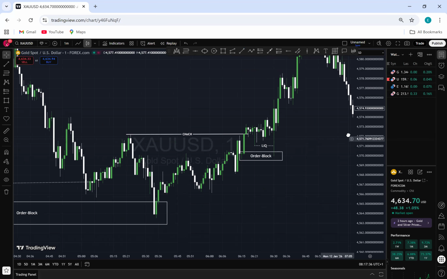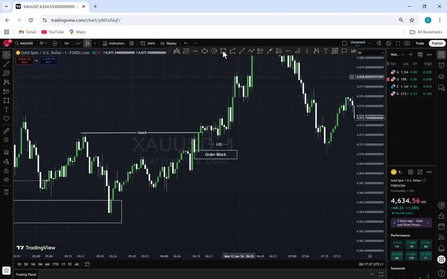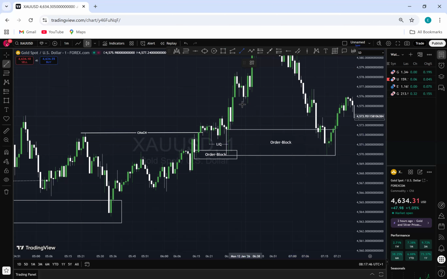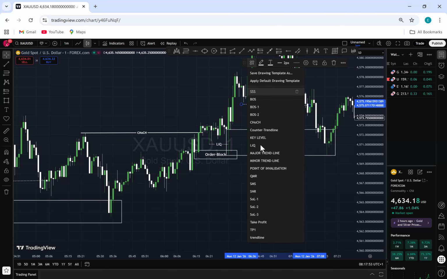Now, price came back into the same area. So we had this now as our next order block. Of course, you want to pick your liquidity here. Liquidity.